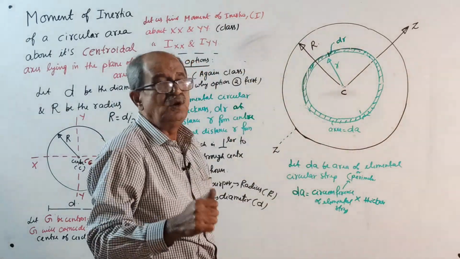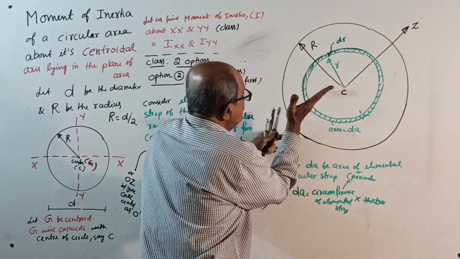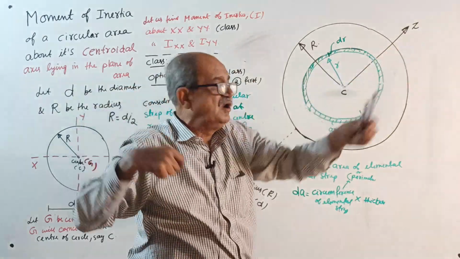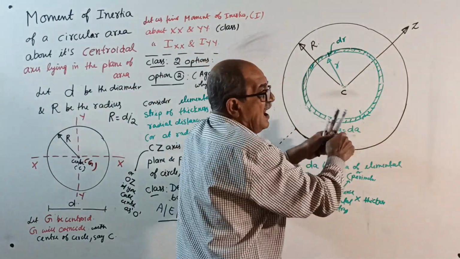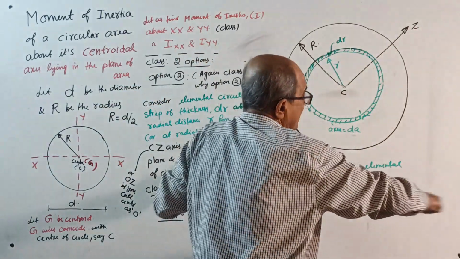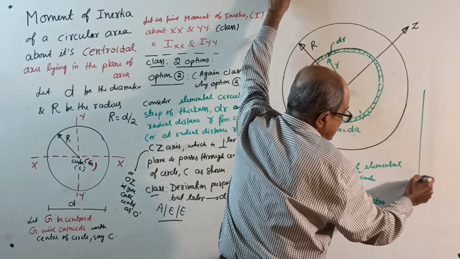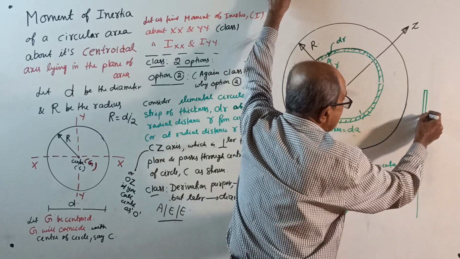Somebody will ask why. Do one thing. Make a note. Somewhere cut here and stretch it. What will happen? If you cut here and stretch fully, either horizontally or vertically, it will become a strip like this.